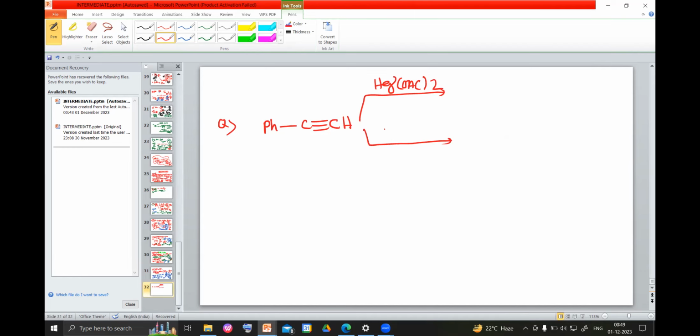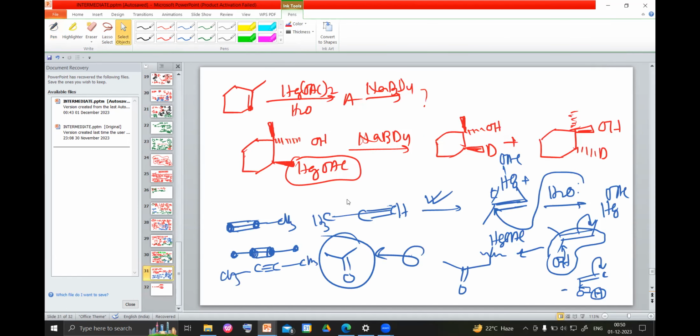In another reaction, it is given Hg(OAc)2 then NaBH4. Very important. In the previous reaction, look carefully. In that reaction scheme, we have not used NaBH4, right? In oxymercuration and demercuration, we have just used the reagent of the first step, not the second step.